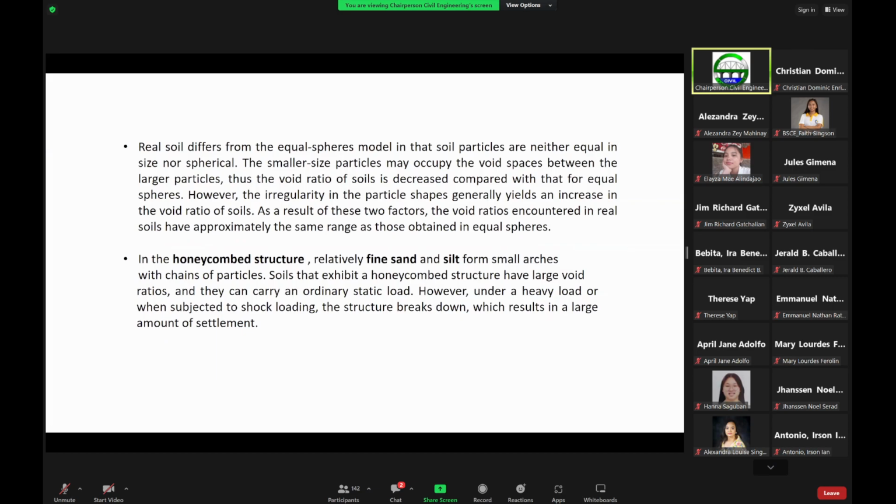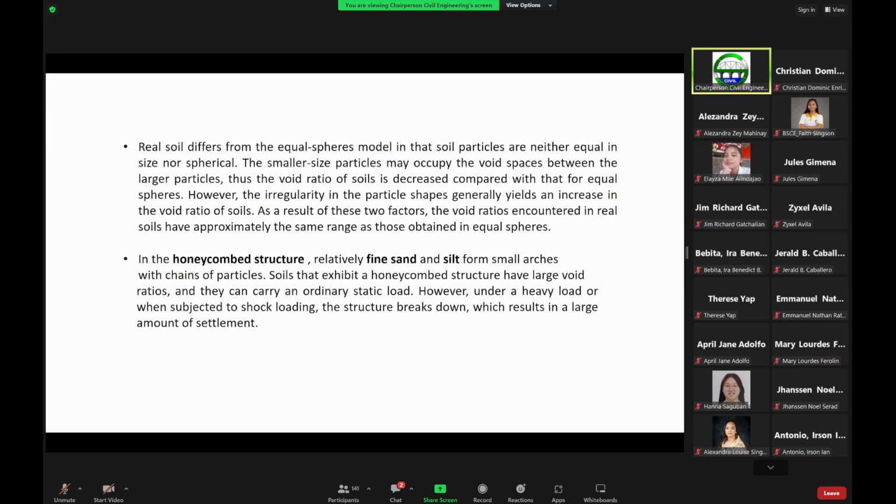For real soils, the smaller size particles may occupy the void spaces between the larger particles, for example in the case of a well-graded sand material, which we'll discuss later, the USCS system.